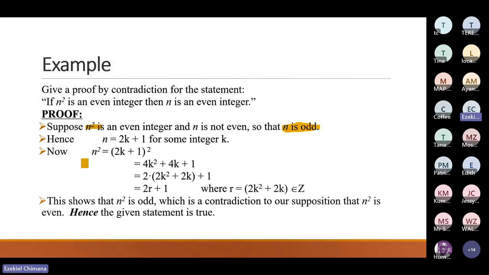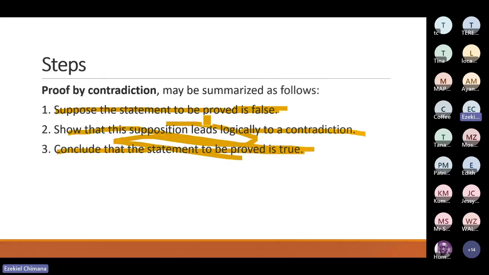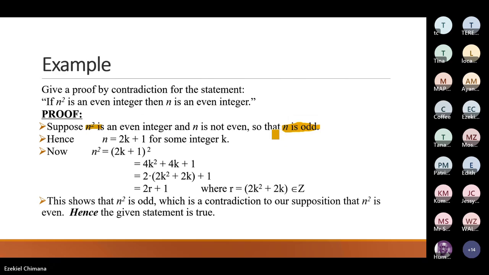That's the first part of it. You have to suppose that the statement to be proved is false, right? And after that, we now have our n as odd. So if n is odd, it will be in the form of 2k plus 1. Remember those basics.